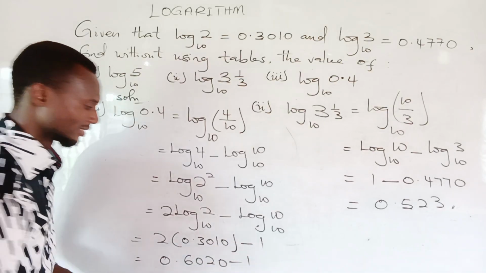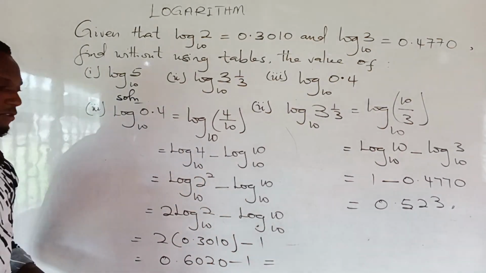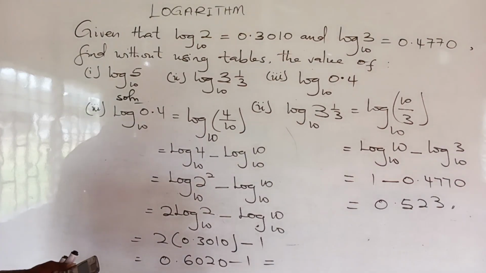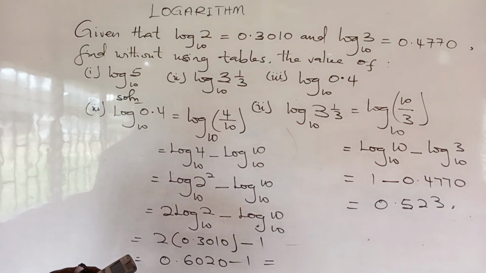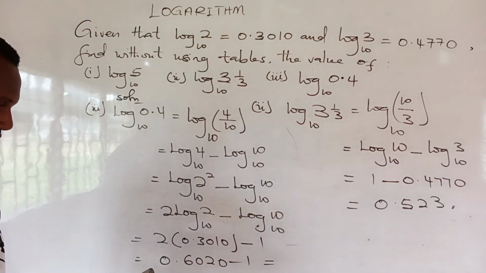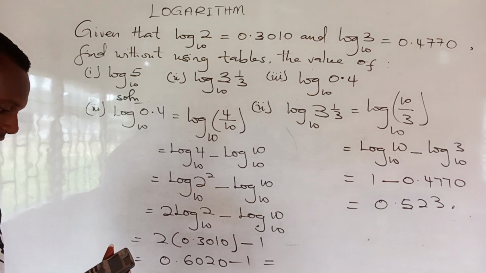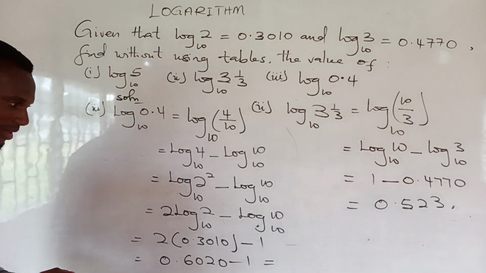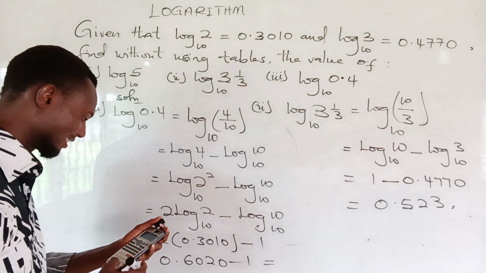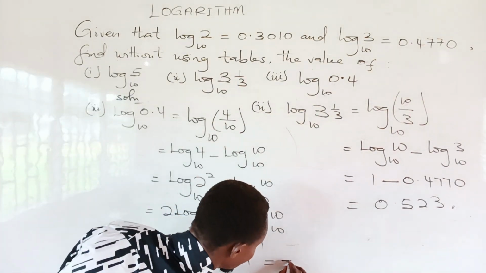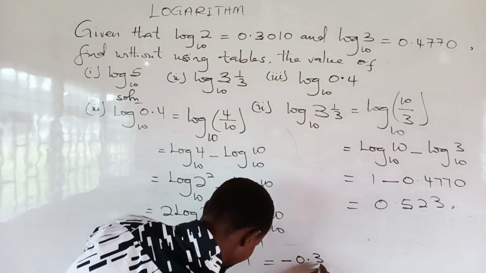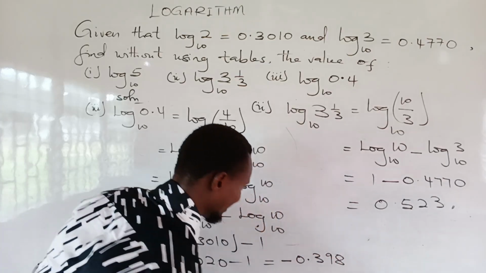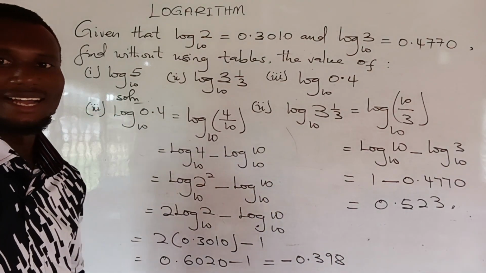Then minus the 1. Then you subtract to get your final answer. Let's do that and see. So I have 0.6020 minus 1, and that gives negative 0.398. So my final answer is negative 0.398, and that is your final answer.